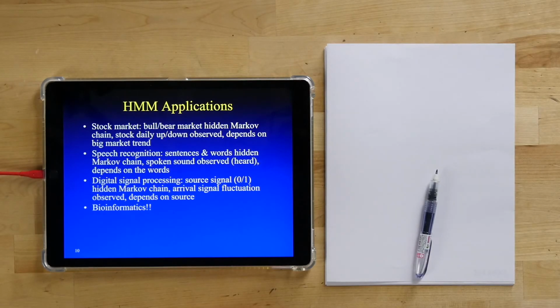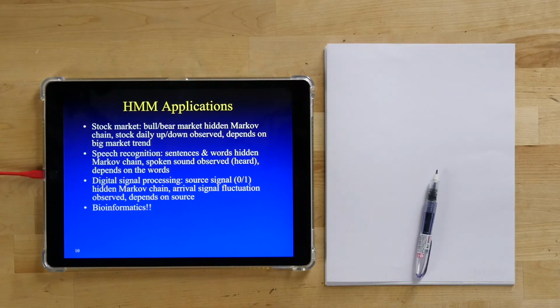Another example is speech recognition. We are trying to say some words or phrases, the actual sentences. These are the Markov chains. They follow certain rules of grammar, right? Certain words follow other words. The sentence usually has a structure: a subject, a verb, and an object.